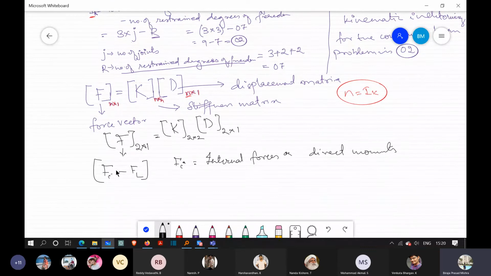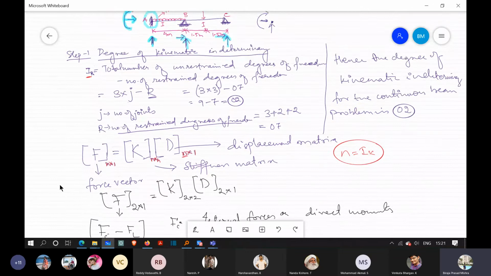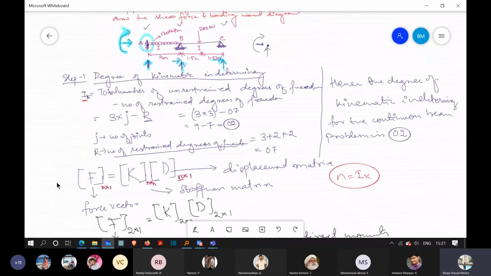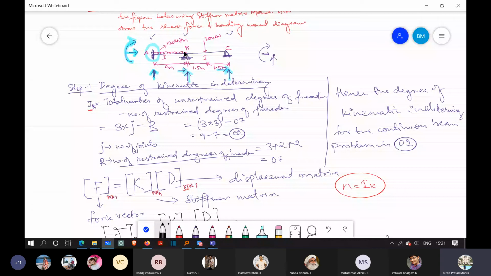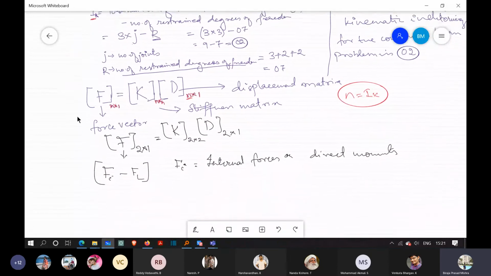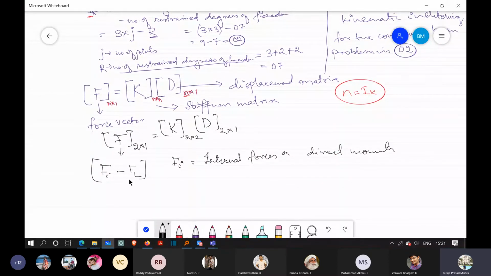So what do you mean by Fi? If instead of a force here, any movement is given at the joints or anywhere, that is to be considered there. Next, what is Fl?